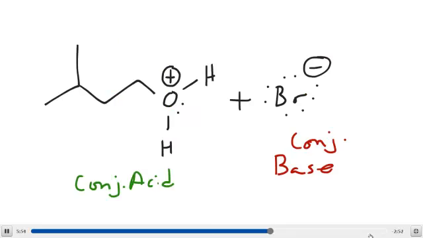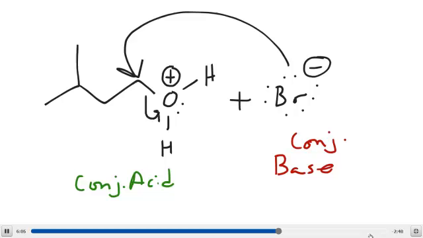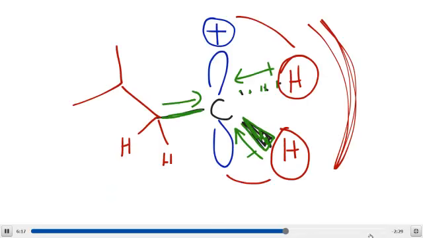But you still got to break this bond. So what happens is that the bromine, this bromide here, is actually going to add at the same time that the carbon-oxygen bond breaks. So this carbon right here needs to maintain 4 bonds at all times. And I'm going to show you what that looks like, because it's really important that this carbon maintain 4 bonds at all times.